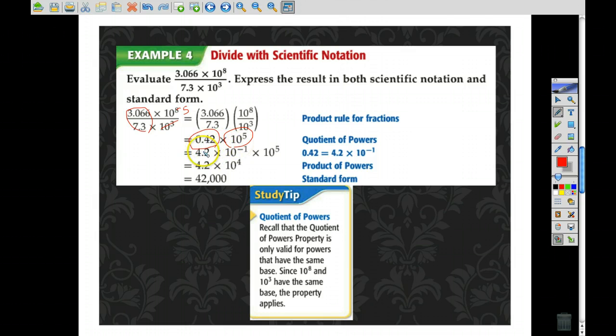It's not that large of a number, but if you want, you can put it in scientific notation. So 4.2 times 10 to the negative 1 times 10 to the fifth, which can be simplified as 10 to the fourth power. 4.2 times 10 to the fourth. You move 4 decimals to the right, and you get 42,000. Okay.